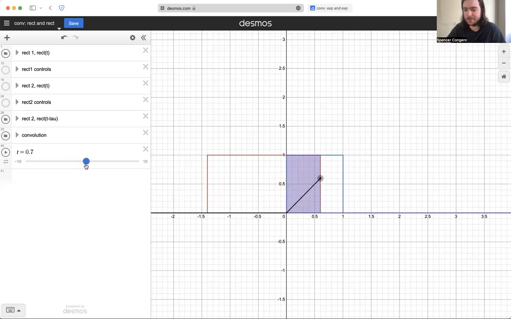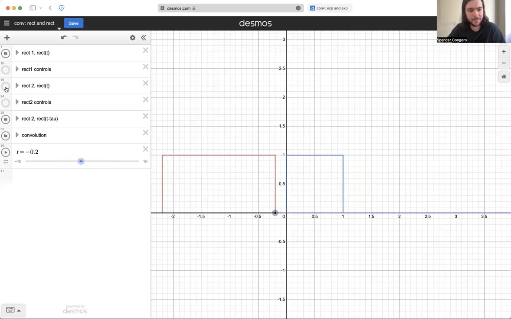This overlap is the same as we saw before. But as I keep moving it, the product of these two functions still gives me this purple line here at 1, and so the area stays at 1. You can see the convolution stays constant until later on, as we exit, we get that other side of a triangle. Now it's the other side of a trapezoid. So this is what the convolution is doing.